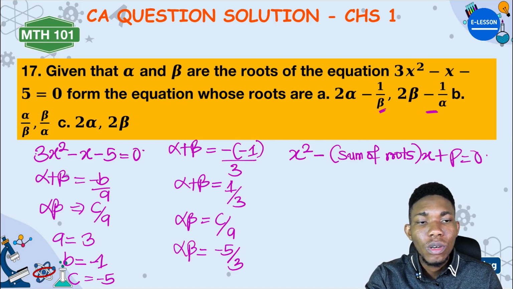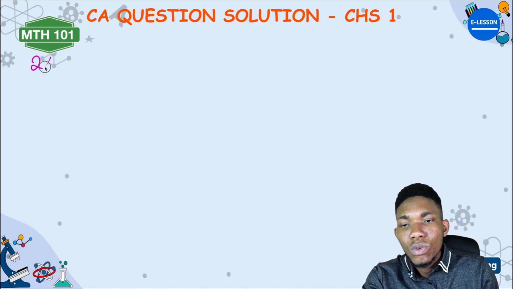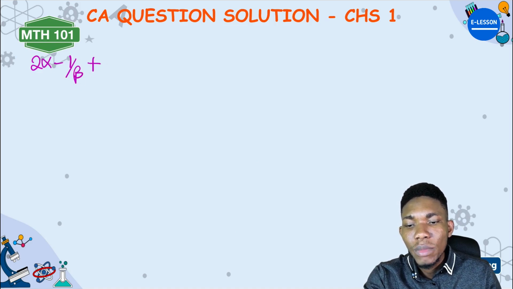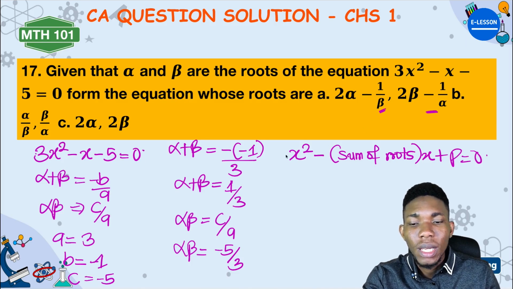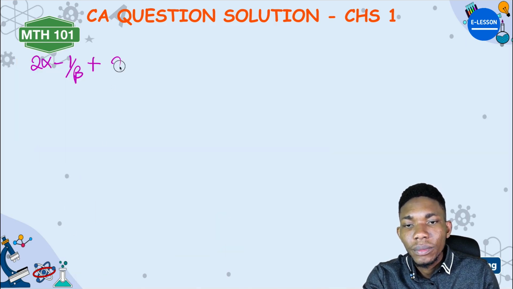Now, how do we look for the sum of this? What we were given was 2 alpha minus 1 over beta, plus, that means to get their sum, you add them together, 2 beta minus 1 over alpha. You can take these two together because they don't have fractions. So we have 2 alpha plus 2 beta.